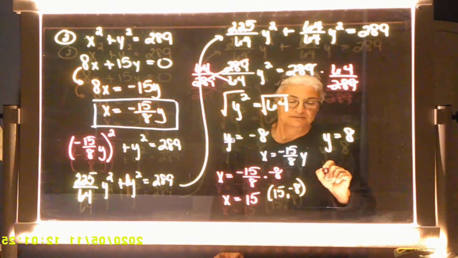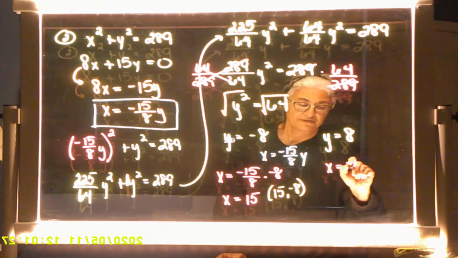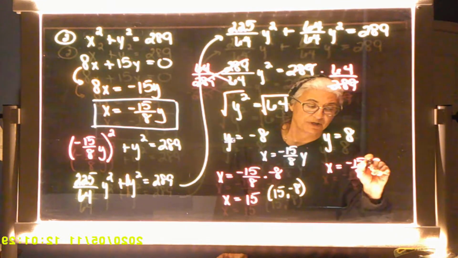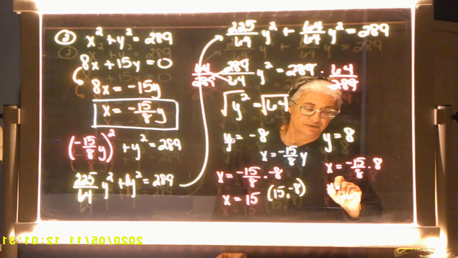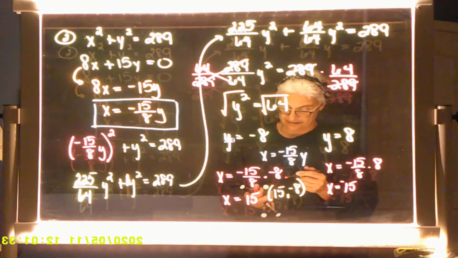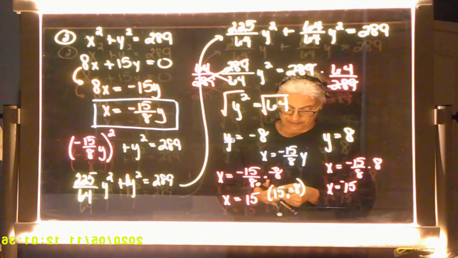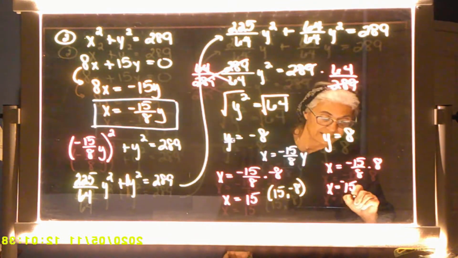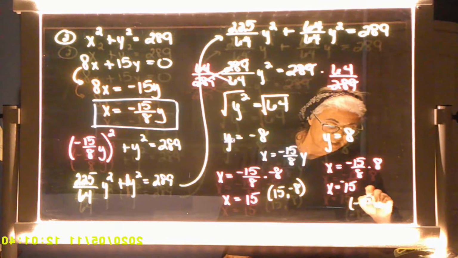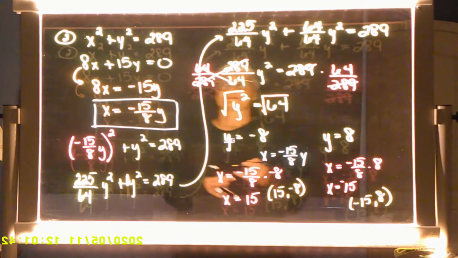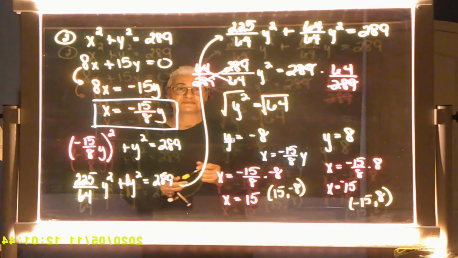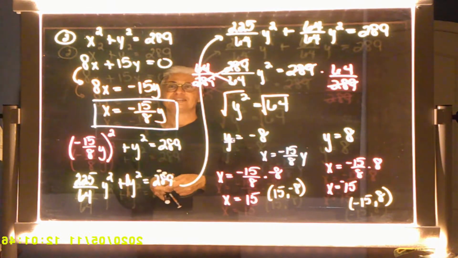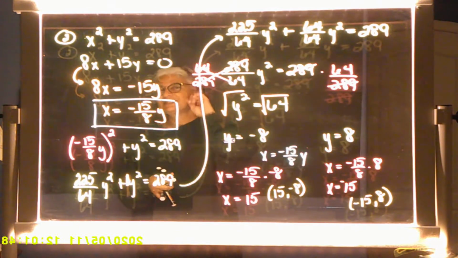Let's look at the other one. x equals negative 15 over 8 times a positive 8. So x equals a negative 15, doesn't it? Which means my other answer is negative 15, comma, positive 8. Yes? Loving it.